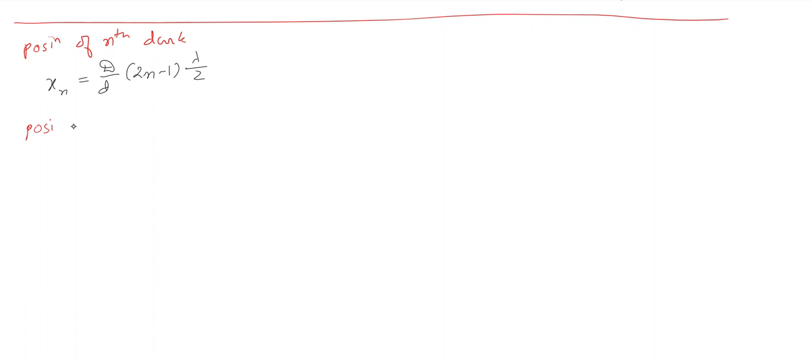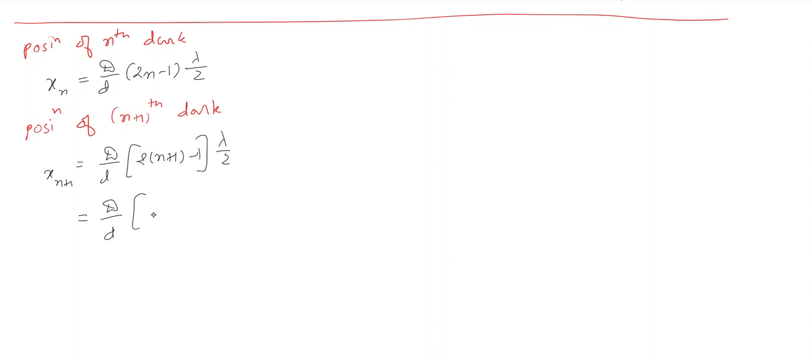So the position of the n plus 1 dark, that is xn plus 1, is D by d, 2n plus 1 minus 1, lambda by 2, which is nothing but D by d, 2n plus 1, lambda by 2.